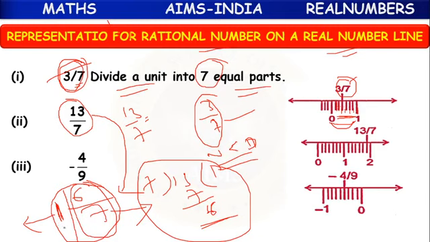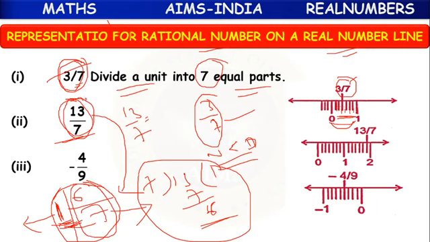On the number line, the value of 13 by 7 will be located to the right of the location of 1, since its value is 6 by 7 more than 1.